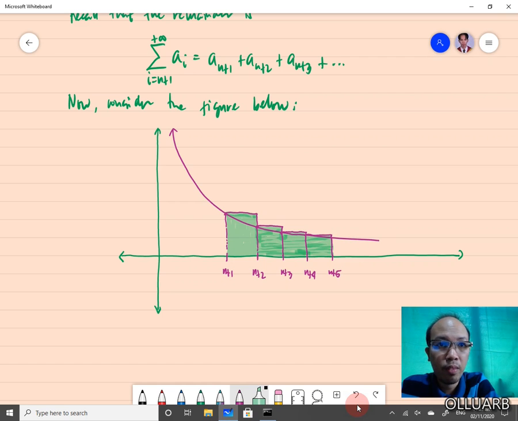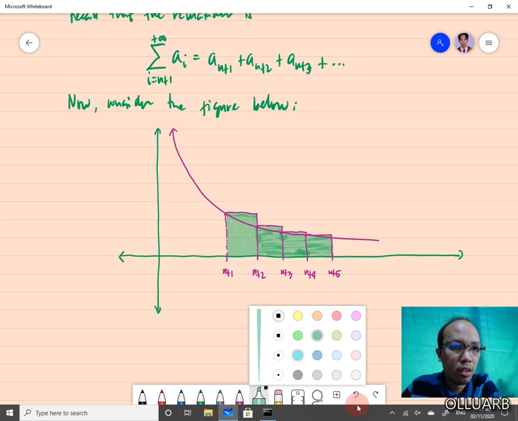So what we will do here is we have the following inequality. Let's use this color here.